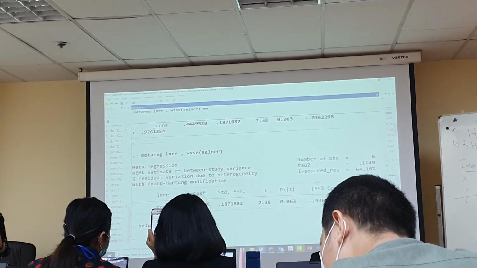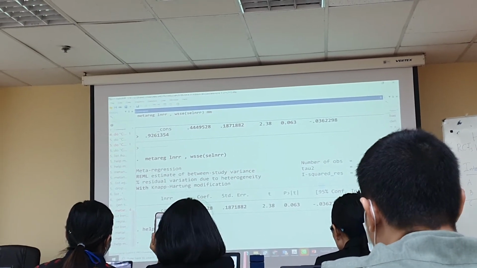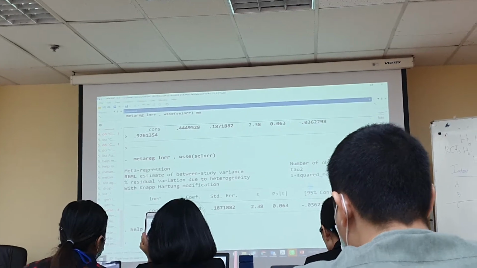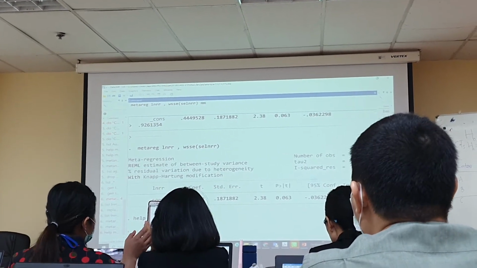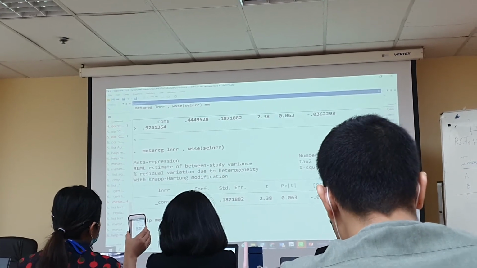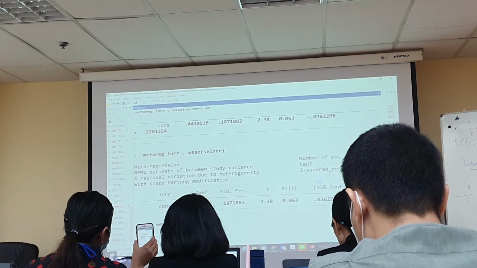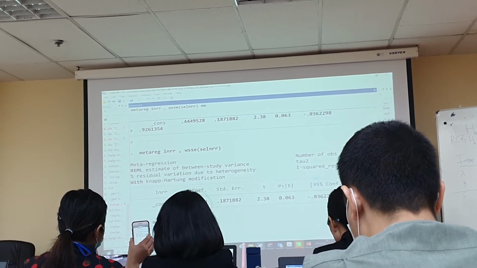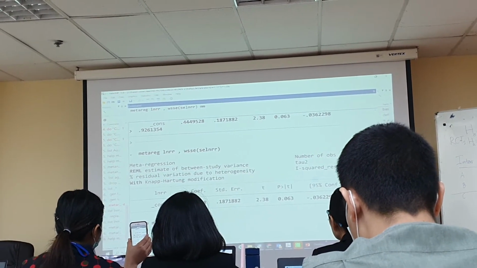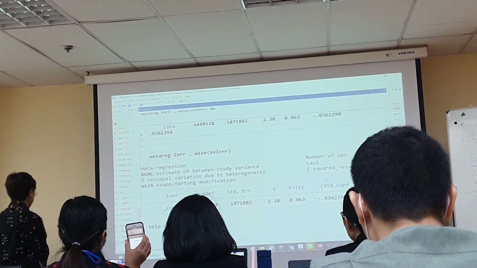Now Stata uses restricted maximum likelihood estimation, but we want to use the DerSimonian and Laird method, the same as what we had done for the meta n command. In order to get that, you have to add the option MM, moment method, which refers to the DerSimonian and Laird method, and then enter.